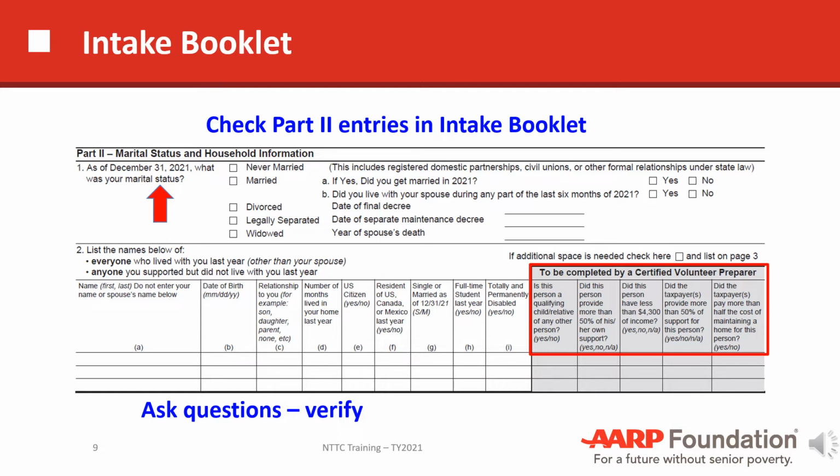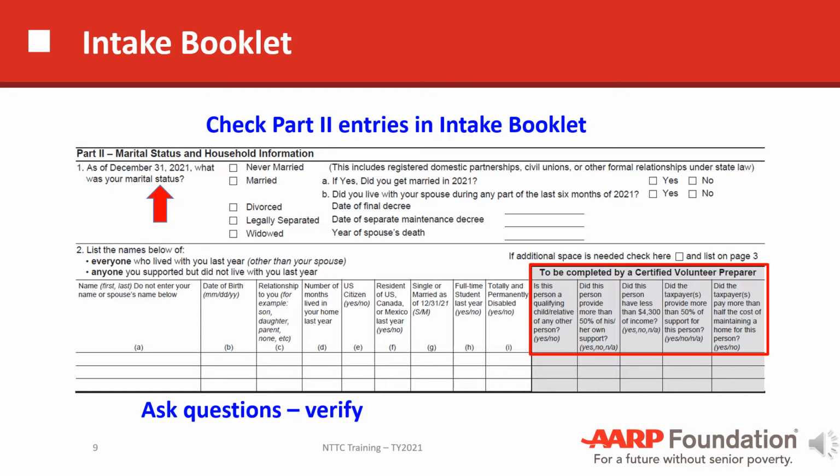So it asks them more basic questions like, were they ever married? Are they married now? Are they divorced? Are they legally separated? Widowed? So things that make sense to the common person. The intake booklet is written to get answers to questions in very simple terms. And then we as counselors can then convert that information into tax law as far as determining their filing status.